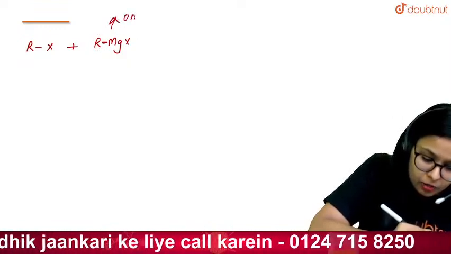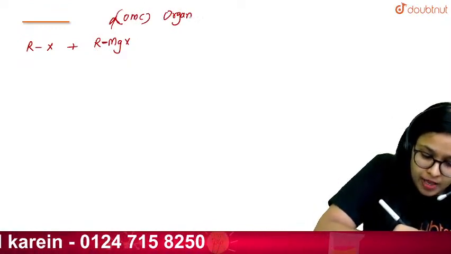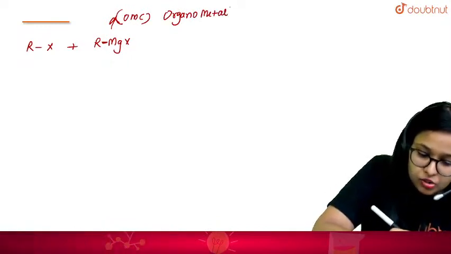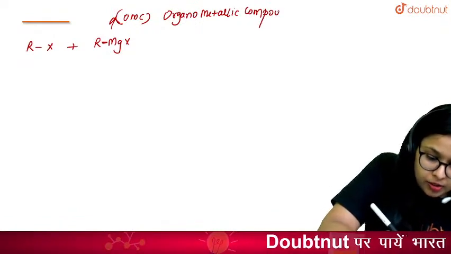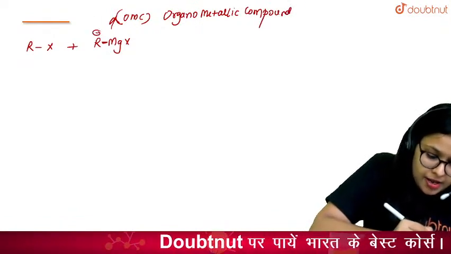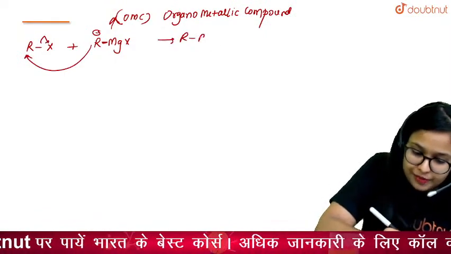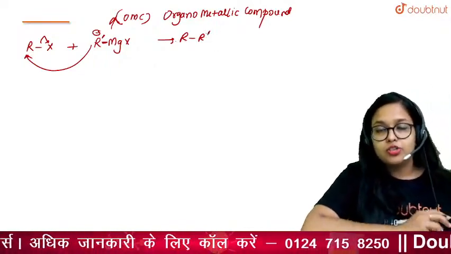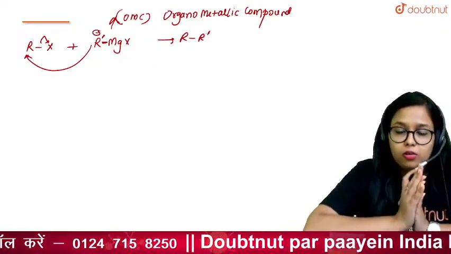Such compounds are organometallic compounds, where organo specifies carbon and the metal is magnesium. R has a negative charge, attacks and removes X minus, and a new bond between R and R dash is formed. This is the formation of alkanes from haloalkane using a Grignard reagent or any other organometallic compound.